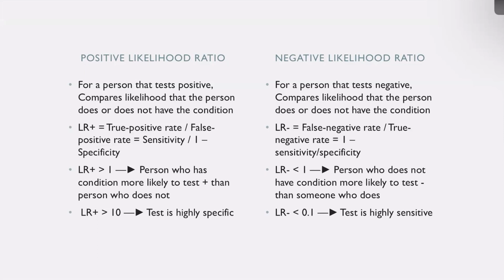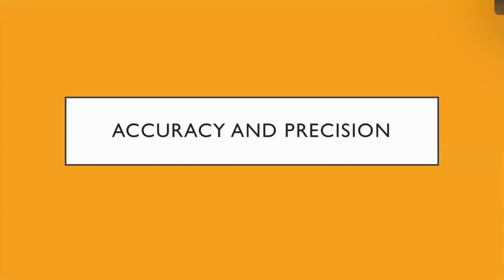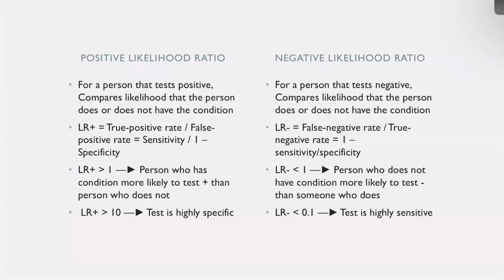In other words, we know that true positive rate means sensitivity, right? And false positive rate is 1 minus specificity. So you have to remember another thing. Sensitivity is inversely related to your false negative, and specificity is inversely related to your false positive. So 1 minus specificity will be your false positive rate, and 1 minus sensitivity will be your false negative rate.